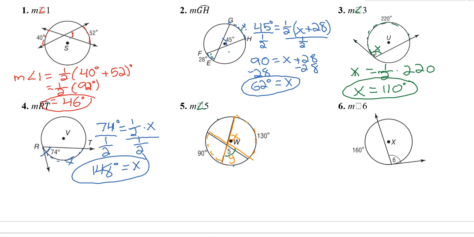So, x equals 1/2 times 90 plus 130, which equals 1/2 times 220. Right, 90 plus 130 is 220, and then I get 110 degrees.